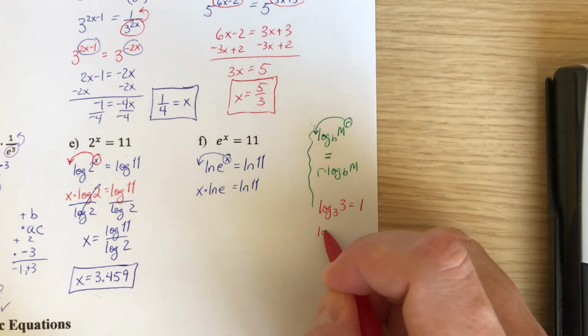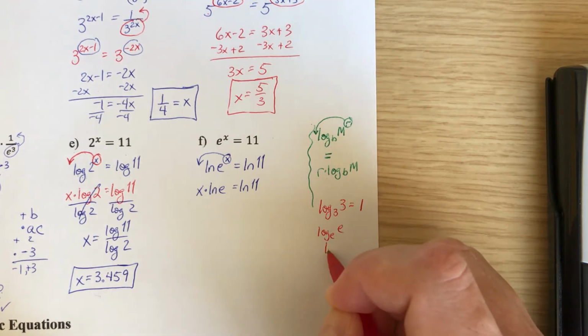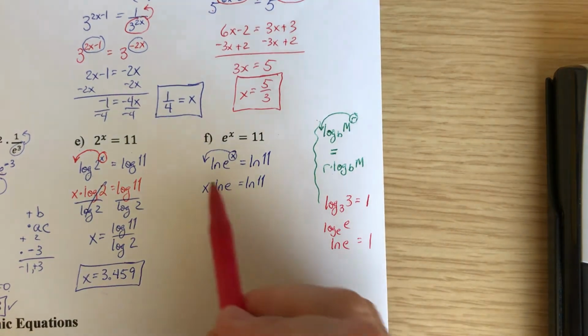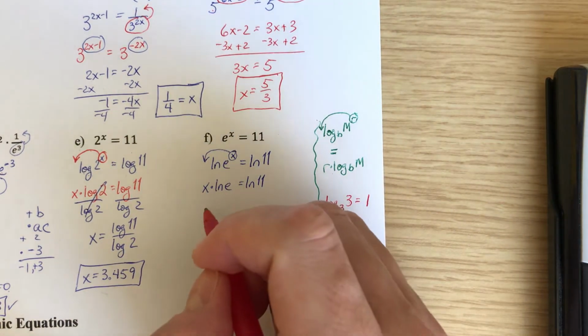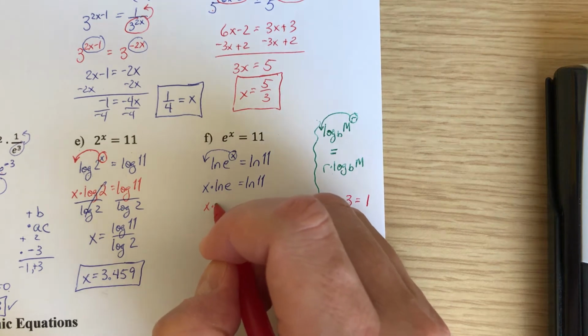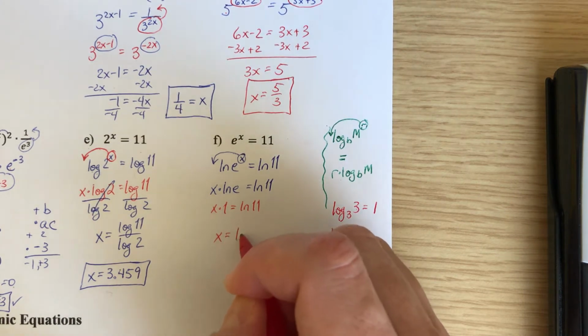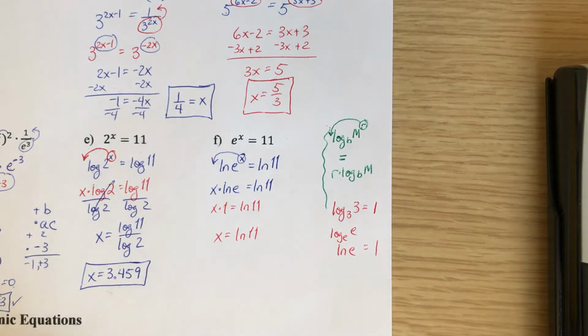The log base e of e, which we write as ln e, that's just going to be 1. So this right here becomes a 1, and so we get x times 1 equals the natural log of 11. X equals the natural log of 11.